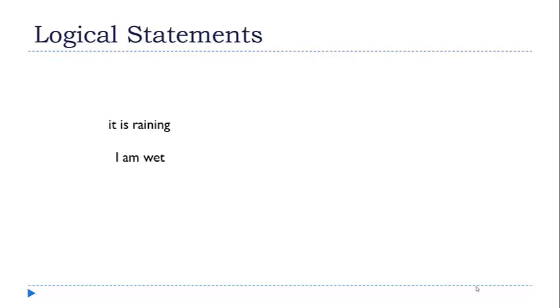Now, you could be sitting there thinking, well, is it raining? I look outside and, is it drizzling? Is it really raining all the way? And the same thing with I am wet. How much water has to be on you? With English statements, there's almost always going to be some degree to which you could argue the point.